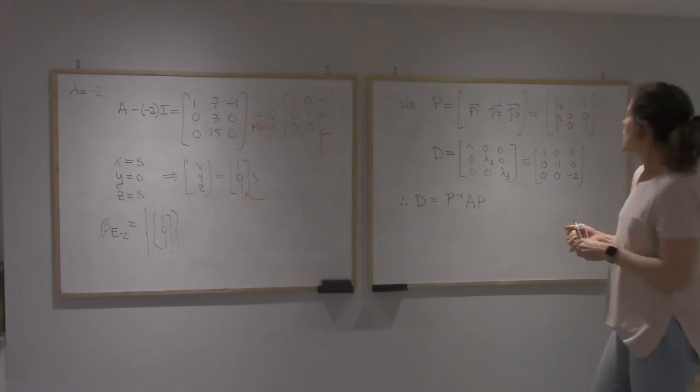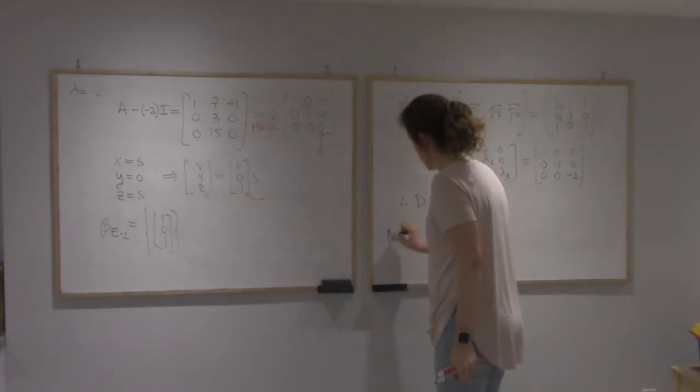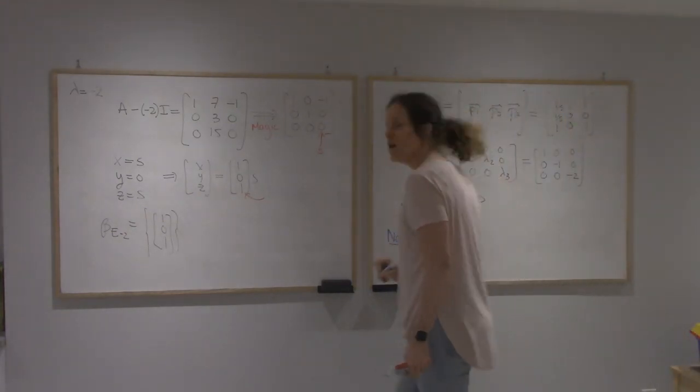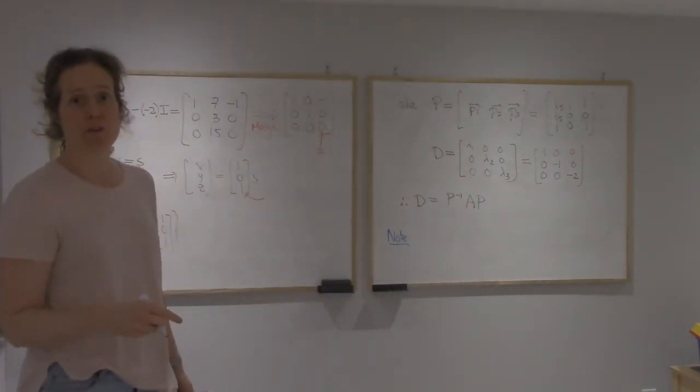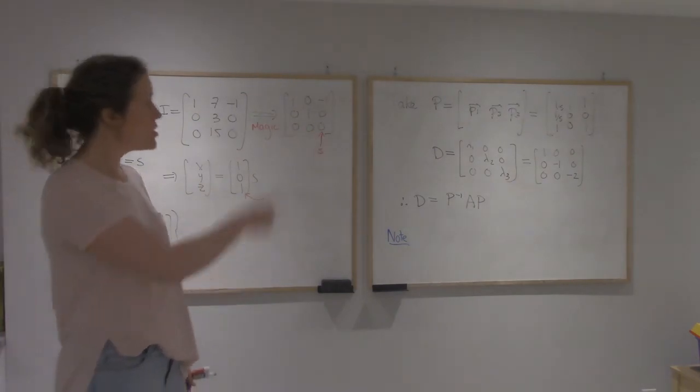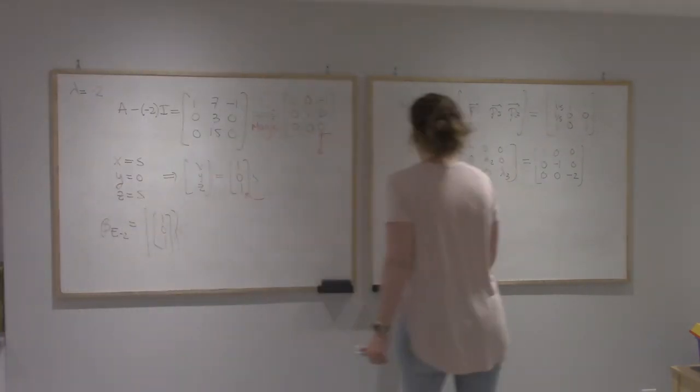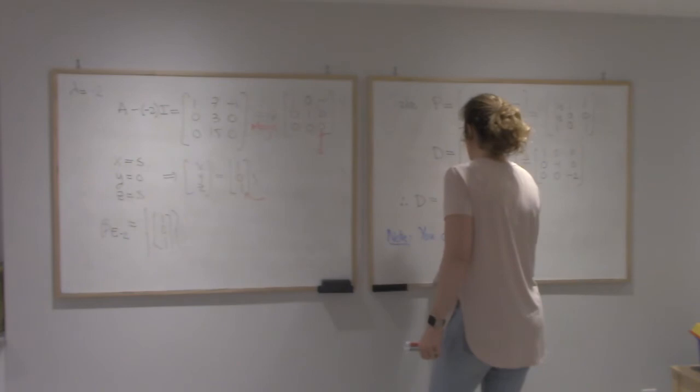Just a note, if you don't like fractions, you don't have to use 1/5, 1/5, 1. You could take any basis. You could multiply. You could choose a better one.